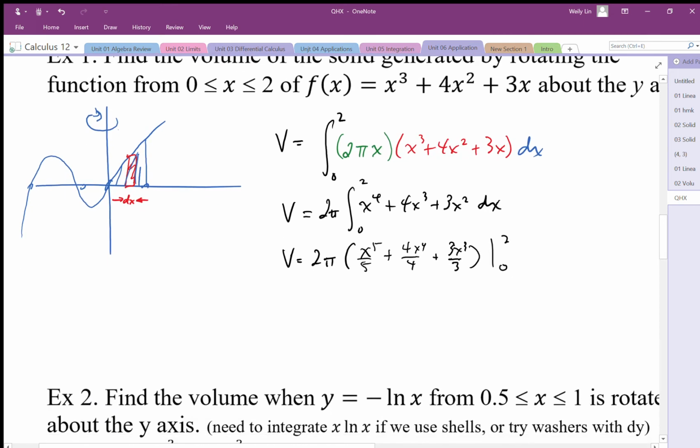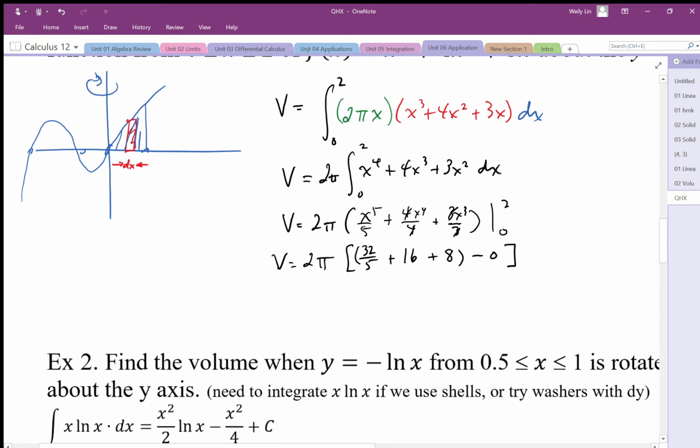So calculating the volume then is 2 pi, and we're going to end up with 2 to the power 5 over 5. Those 4's cancel out, so 2 to the power 4 is 16. Those cancel out, 2 to the power 3 is 8. And then our lower bound is 0, so that's going to give us 0.